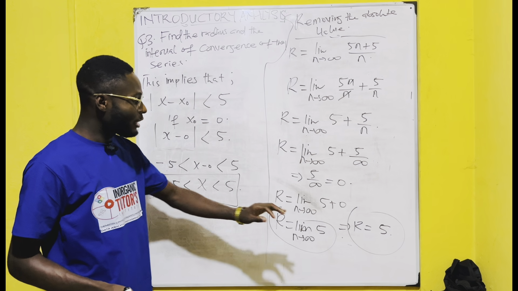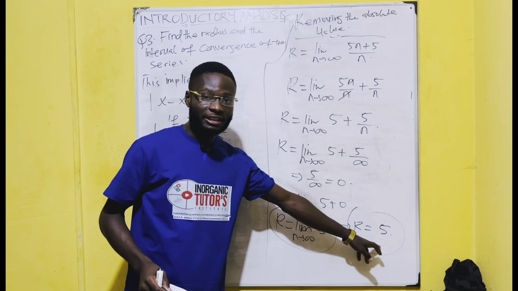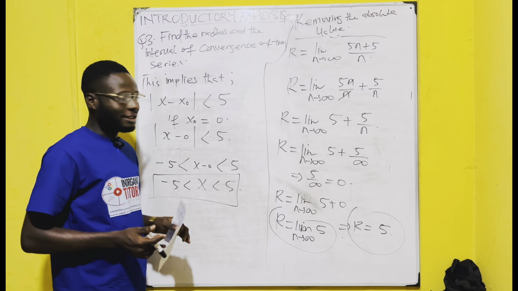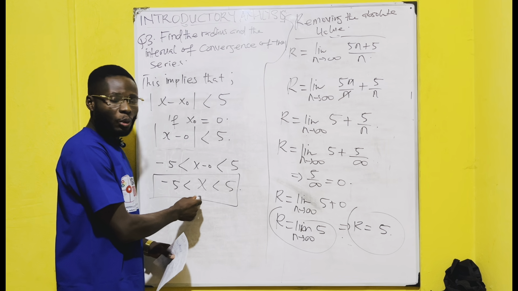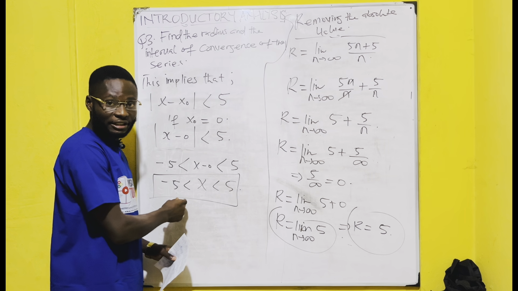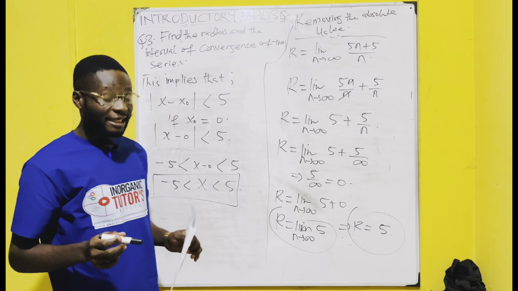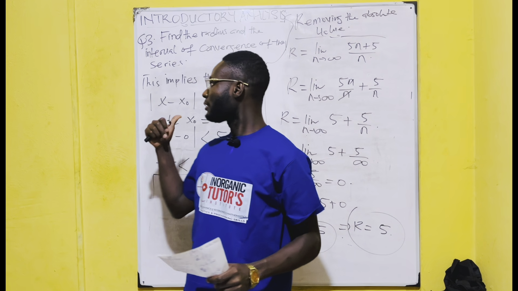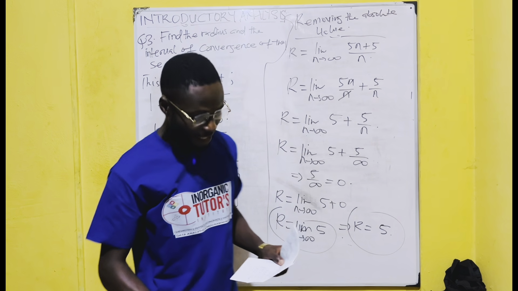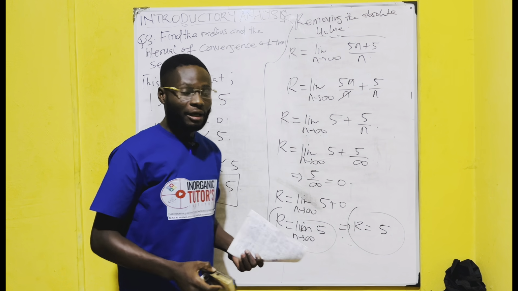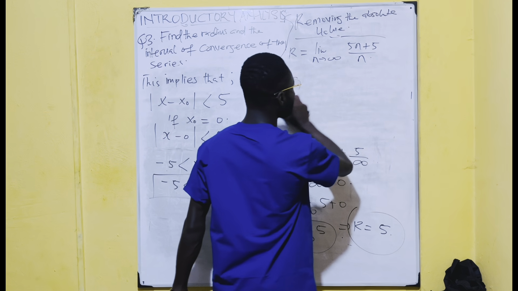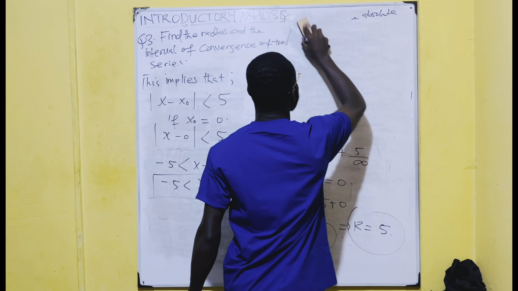We know that the radius of convergence is 5, but we are not very sure that the interval will fall within these ranges. So we have to go and test, right? You have to go and test using the question, to see if it will work, or if the two endpoints will work. So we come up here, then we test.